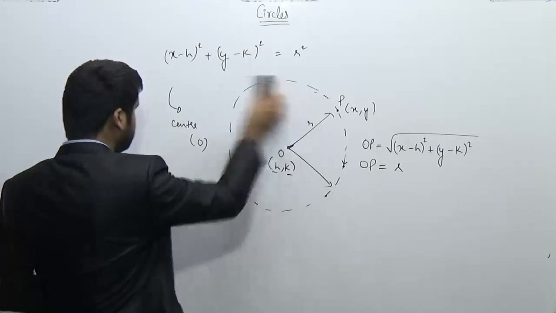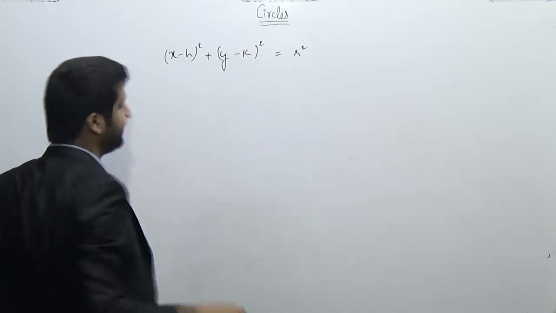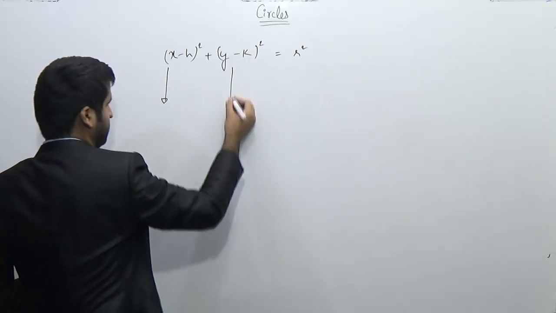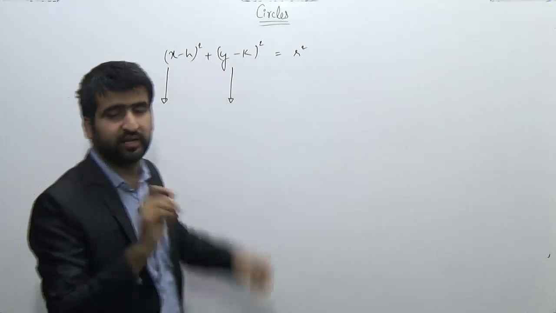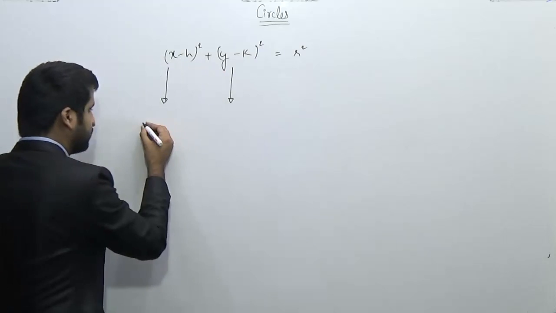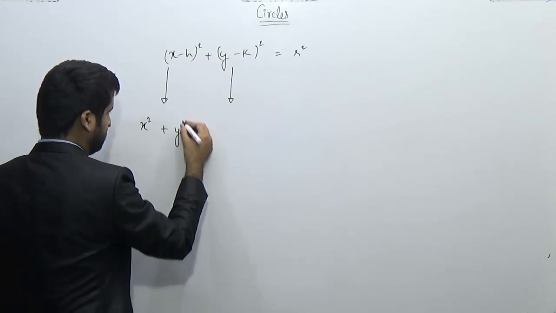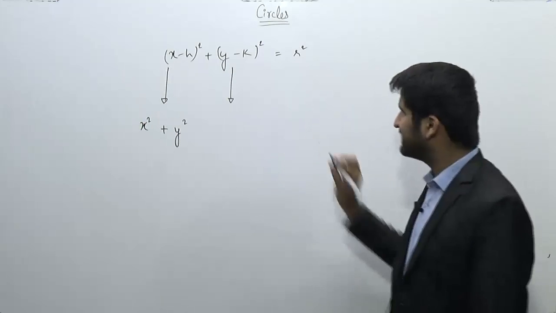Now, if you look at this equation, this is a second degree equation. And if we open the terms using a minus b whole square, which gives a square plus b square minus 2ab, we'll get an x square term and a y square term, always. What else will we get?